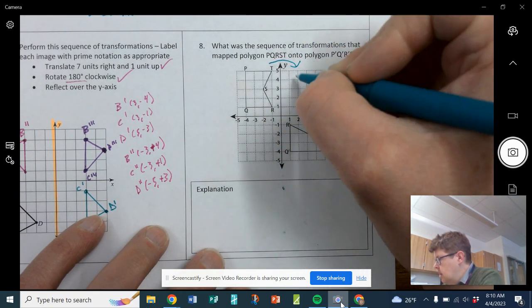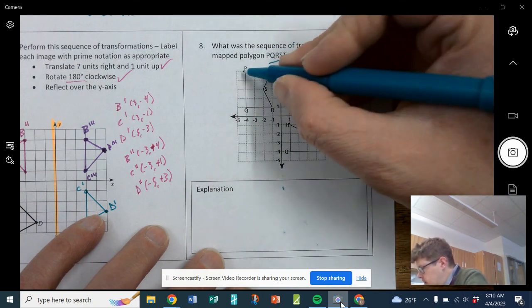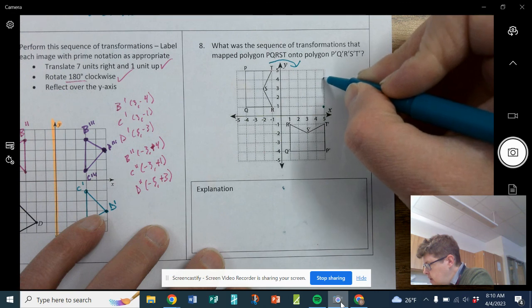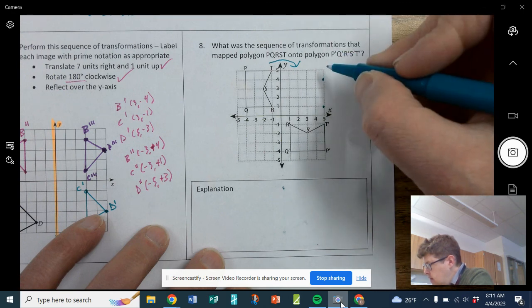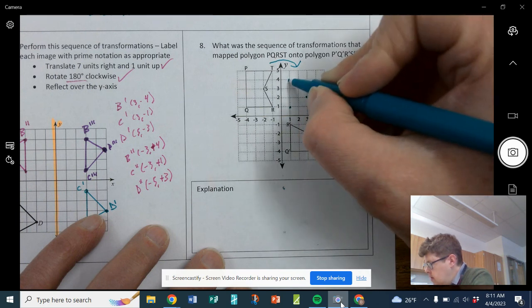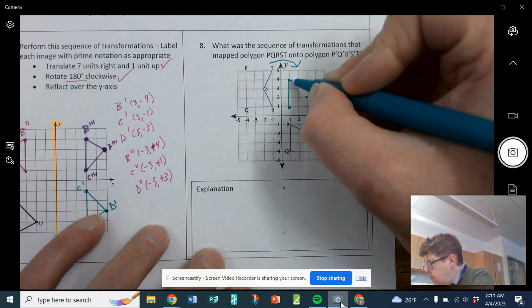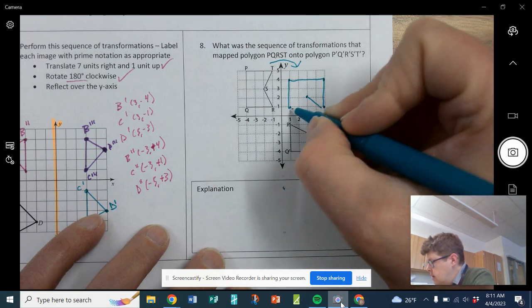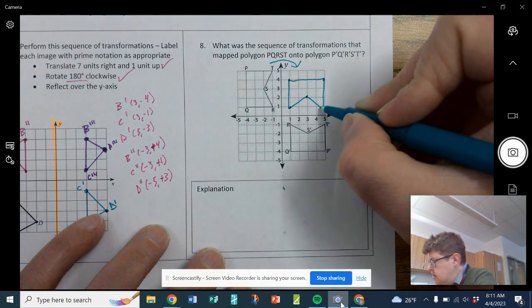90 degrees clockwise, and that'll basically put it, let's see, T would be right here, P would be right here, S would be right here, right? And I could like go through the points and stuff and figure that out, but like that's not really necessarily what I'm looking at.